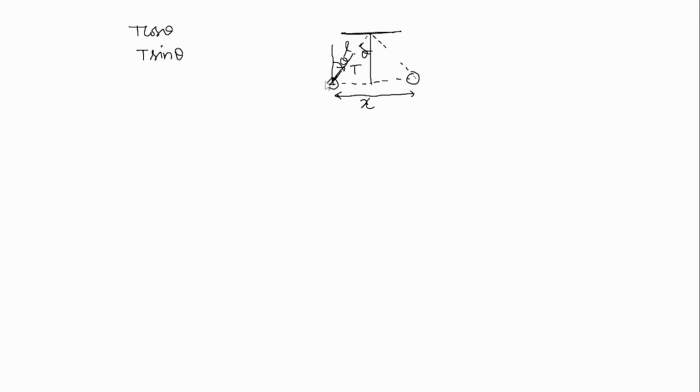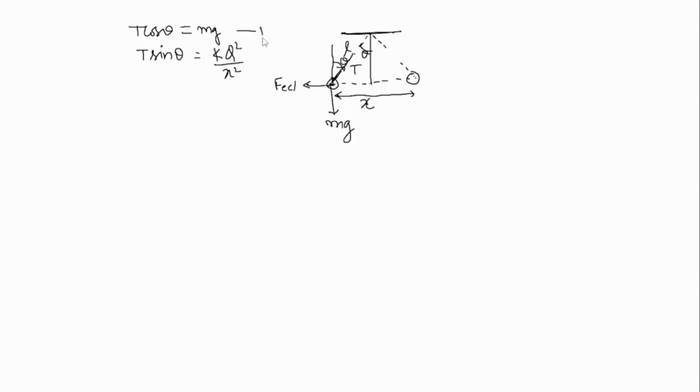If they are like charges, there will be an F electric, and here there will be mg, since they also have mass. The vertical component will balance mg, and the horizontal component will balance the electric force, that is k q square over x square. They are carrying charge q, and the distance between them is x.